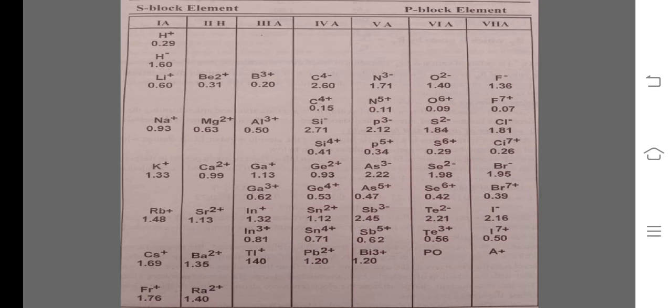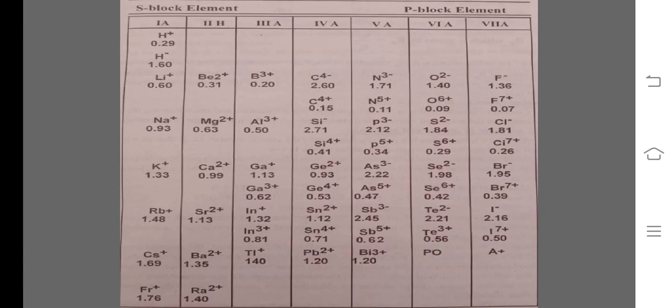It means that the ionic radii increase when we go from top to bottom in a group, because at every point a new shell is added. That's why the distance from the nucleus to the outermost electron is more.